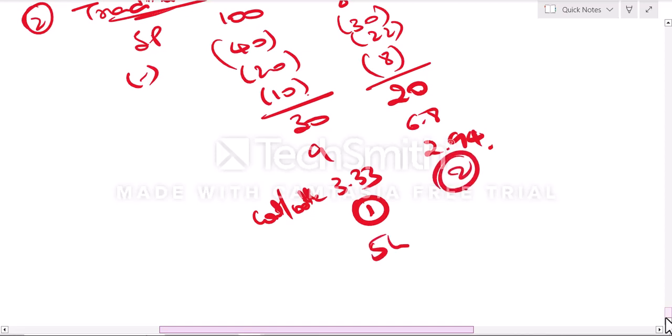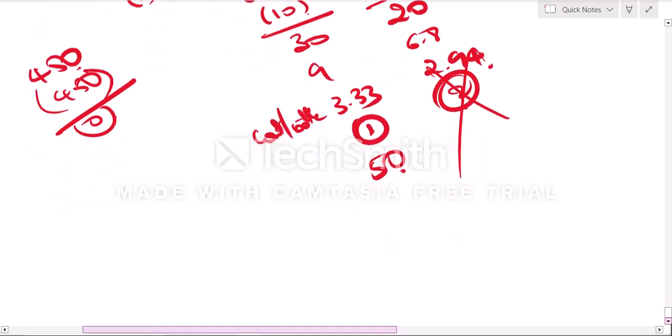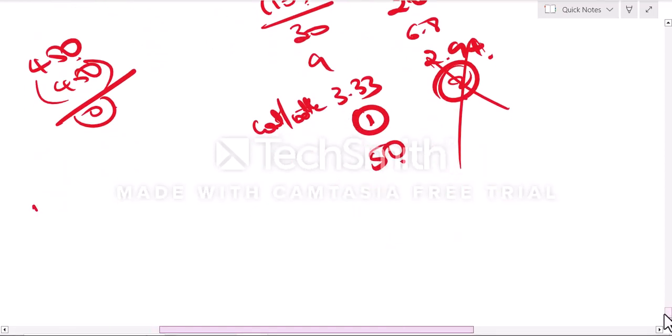So hot chocolate we have to produce 50 units. Total available time is 450. If we use 50 units, 50 into 9, so total 450 minutes is required for producing hot chocolate only. We have nothing left, so we will not produce latte. So what is the total profit here? In the first method, 50 units into 30 is the contribution, 1500.